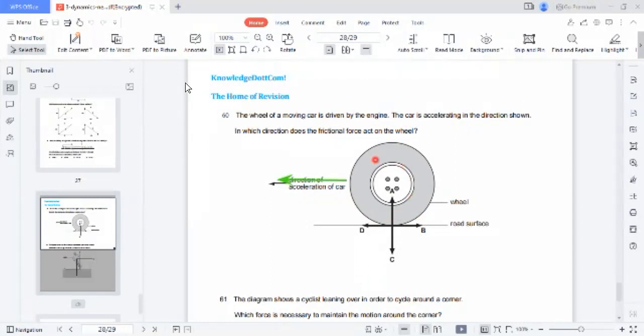The car is accelerating in this direction.